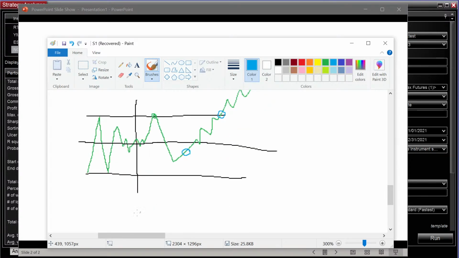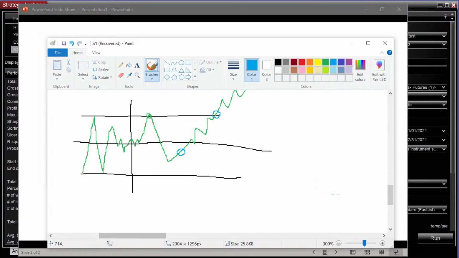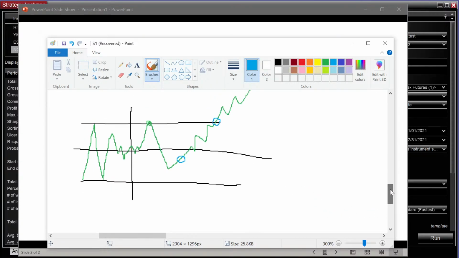So there's that. But I think what you're referring to is, oh my goodness, if I enter on the high of the range and my stop is the low of the range, then I'm going to be having these enormous risks.